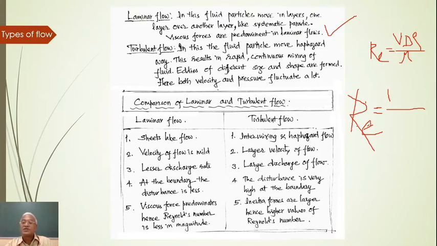How this comes is, Reynolds number is defined as a ratio of forces. Now what forces will it have? It will have viscous forces in the numerator, and in the denominator it will have inertia forces.